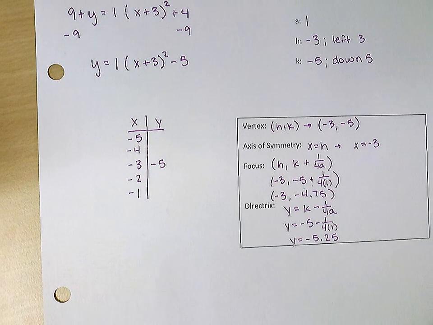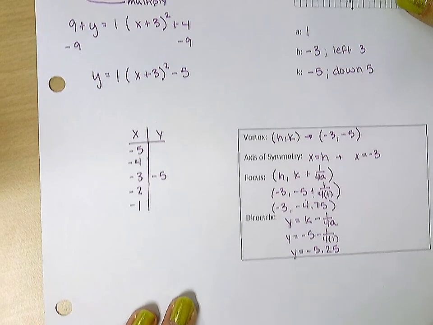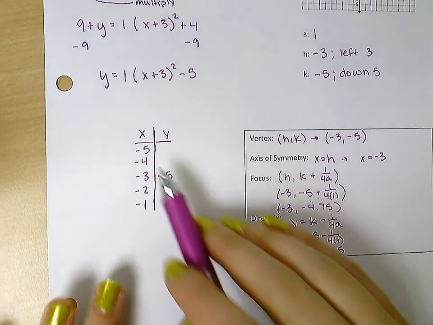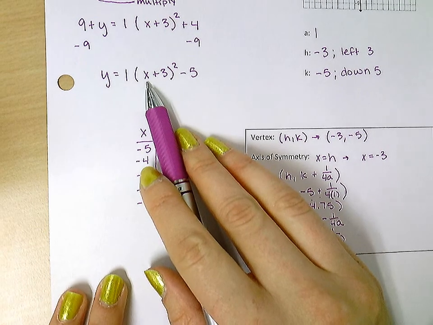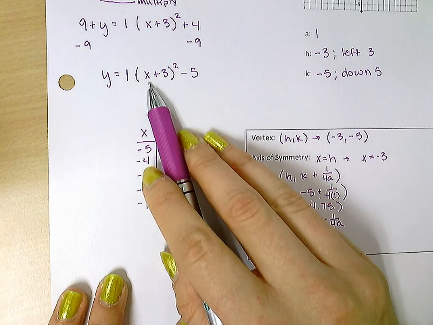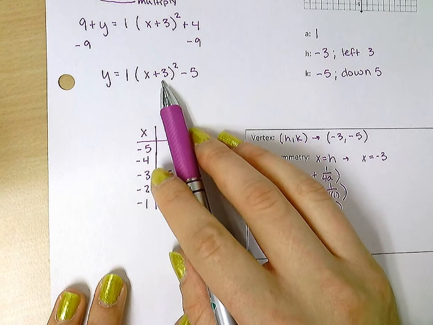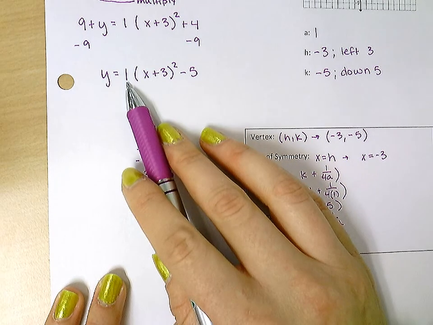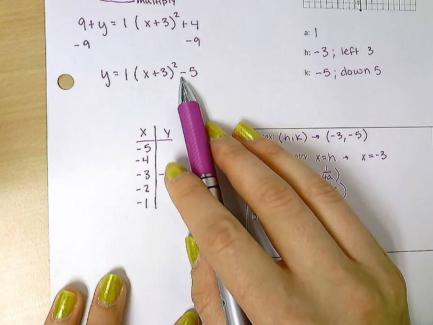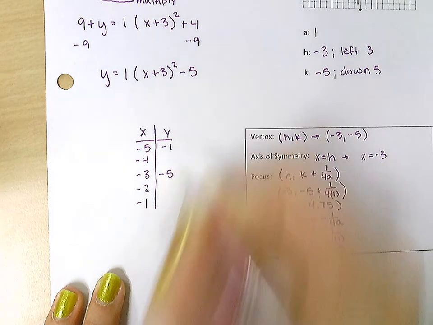Just surrounding that vertex point. So all we want to do is plug in -5 into our standard form. If I plug in -5, I do get -2 squared. That is 4. 4 times 1 is 4. 4 minus 5 is -1.